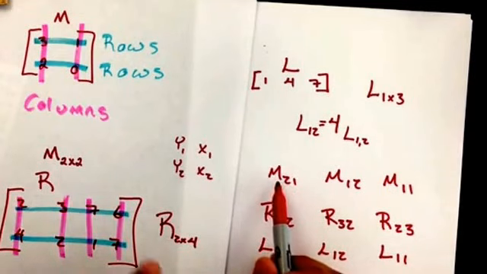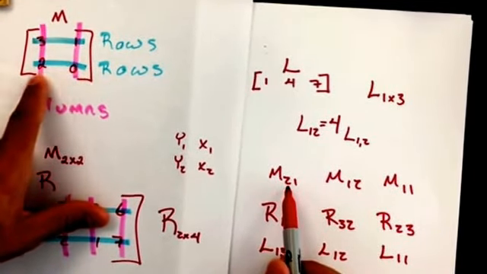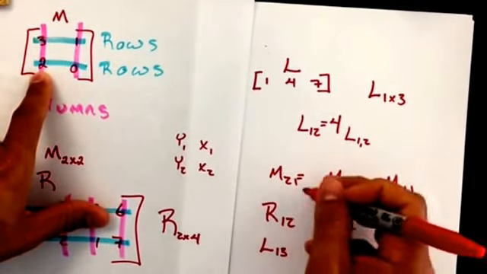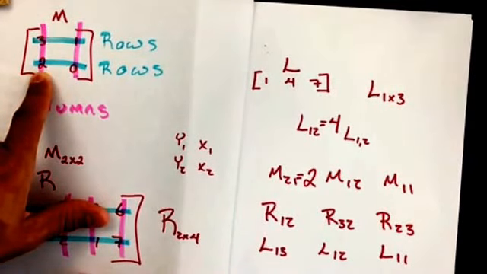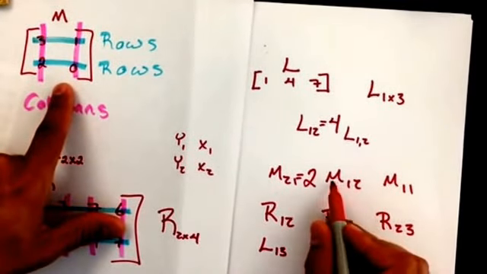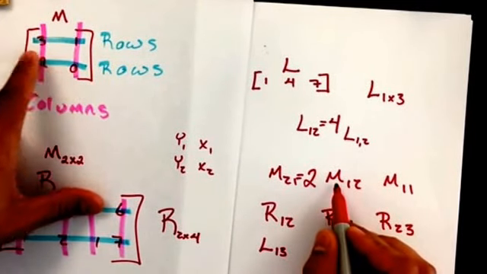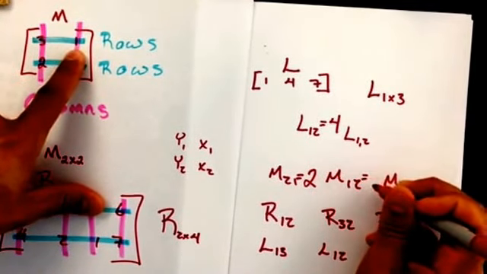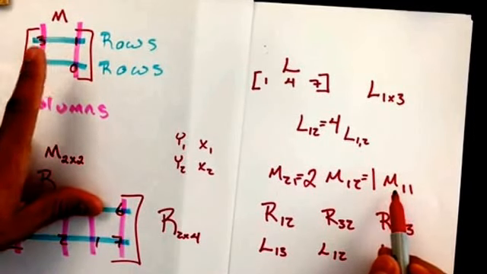So we're looking at matrix M, which is over here, row 2, which is this one, column 1, which is this one. So M21 is the number 2. This one we're looking at matrix M, which is this one, row 1, which is this one, column 2, which is this one. M12 is 1.